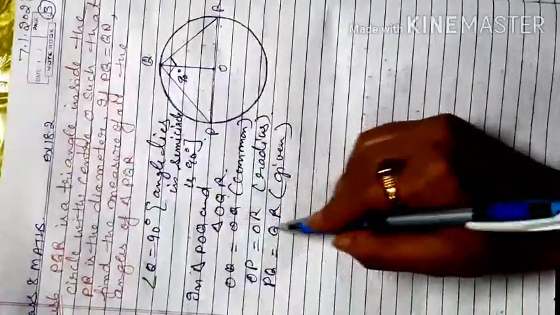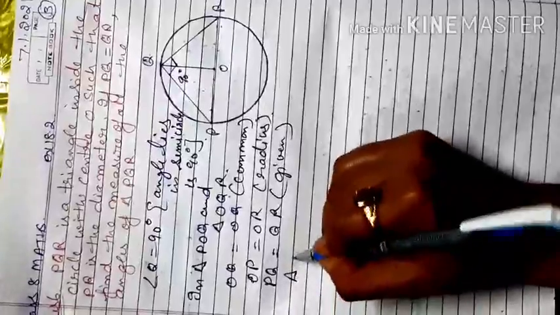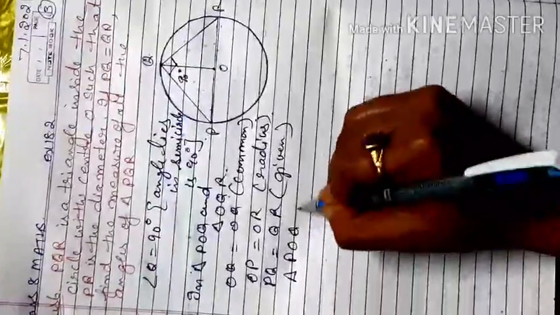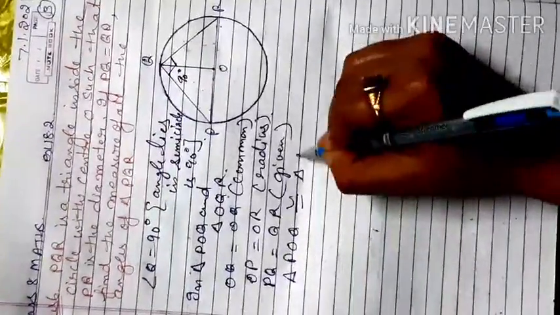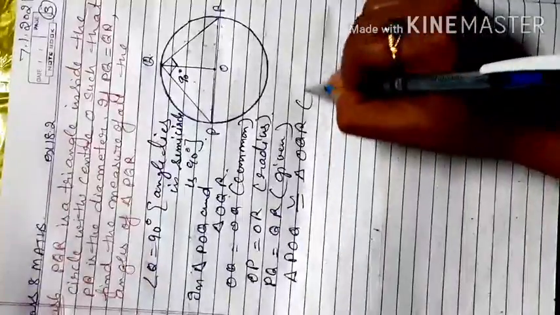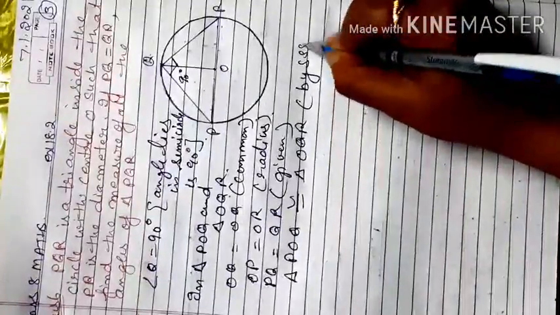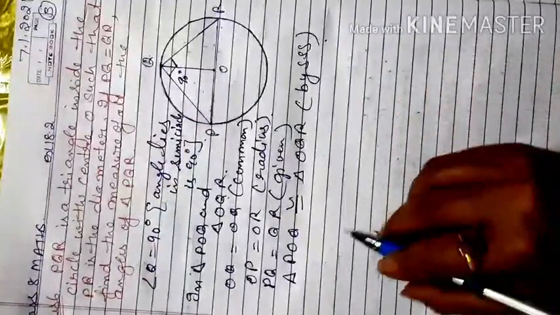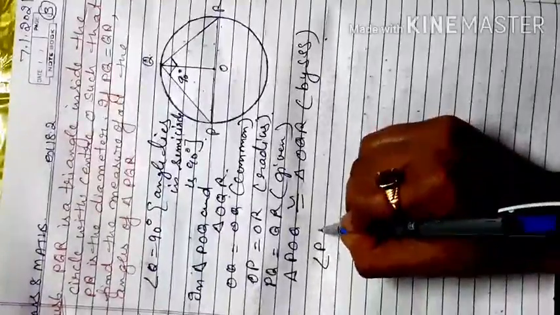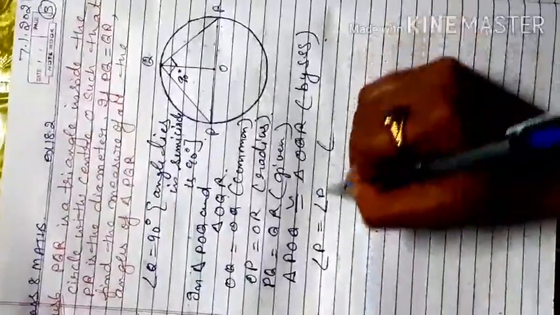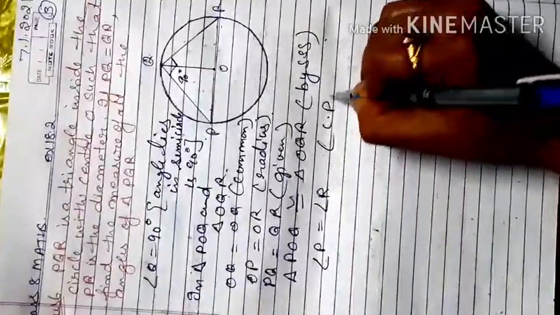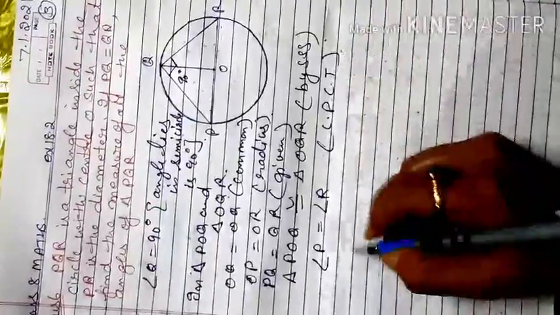That means if three sides are equal, we can say that triangle POQ is congruent to triangle OQR by SSS property. So if these two triangles are congruent, we can say that angle P is equal to angle R by CPCT, corresponding parts of congruent triangles.